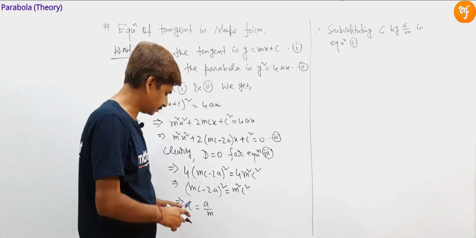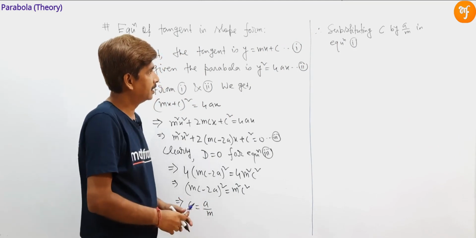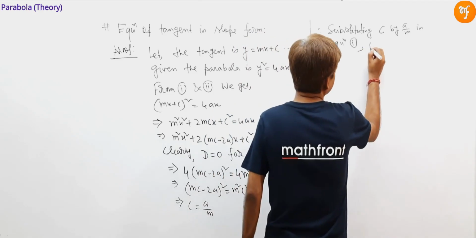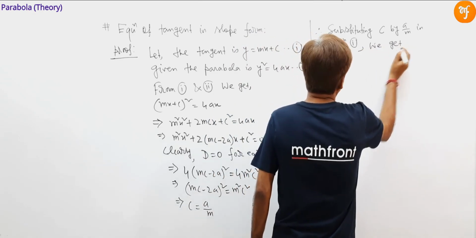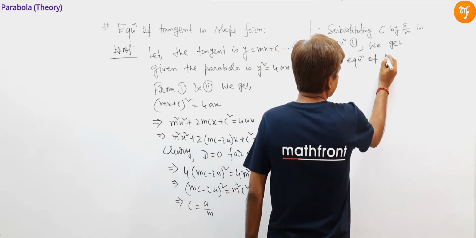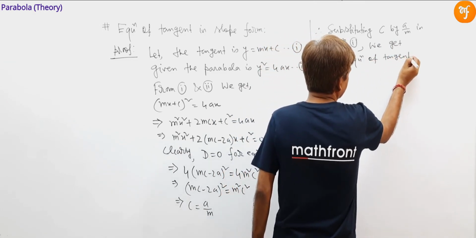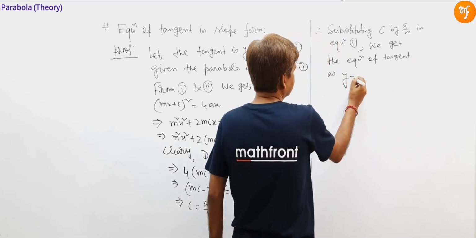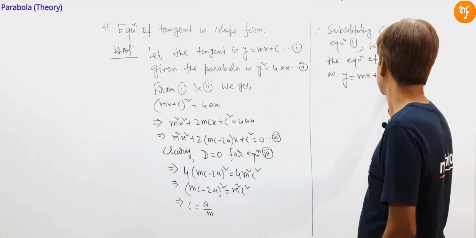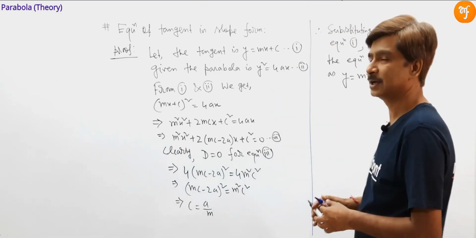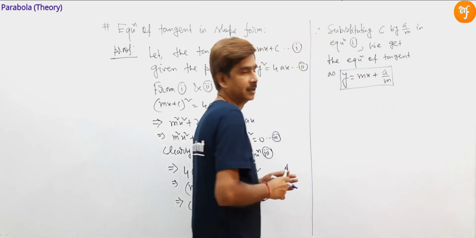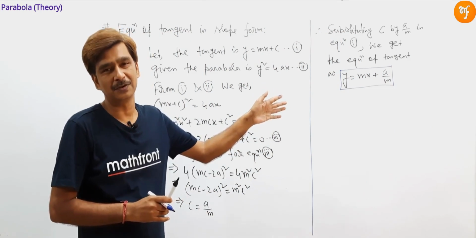So, substituting the value of c is equal to a by m in equation 1, we will get the equation of tangent as what? y is equal to mx plus c, where c is a by m. So, we will write a by m. So, this is the equation of tangent. Okay. So, we proved the equation of the tangent in slope form.